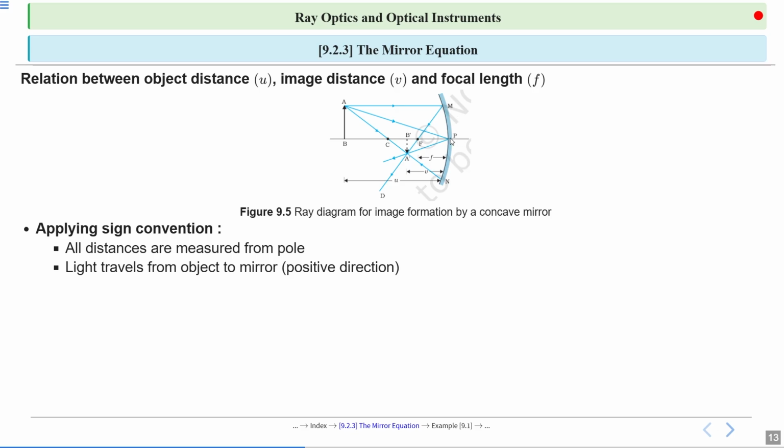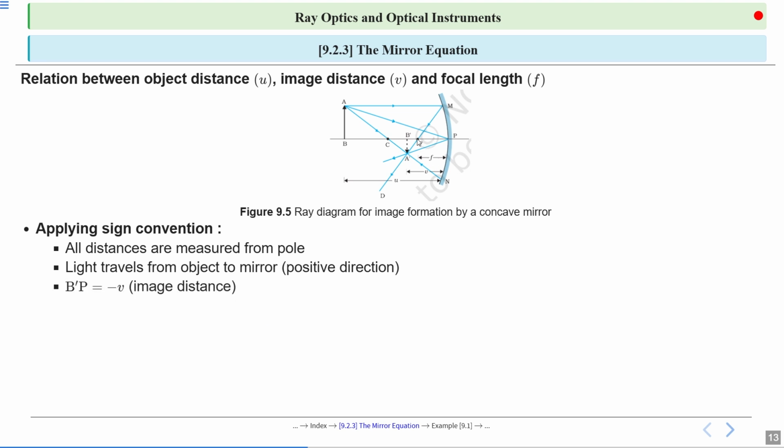We are measuring every distance, image, object and focal length, all in front of the mirror, from the pole, going in the direction opposite to the incident light. So all distances will be taken as negative if we are moving against the direction of incident light. The direction of light travelling from object to mirror is taken as positive.